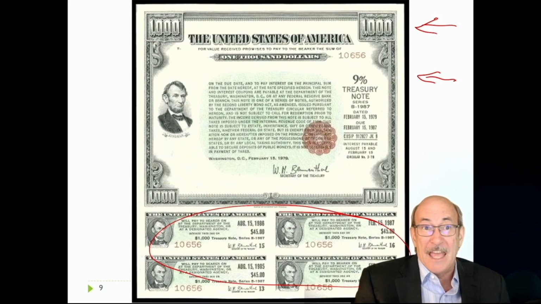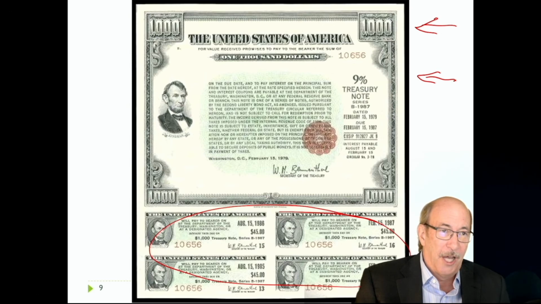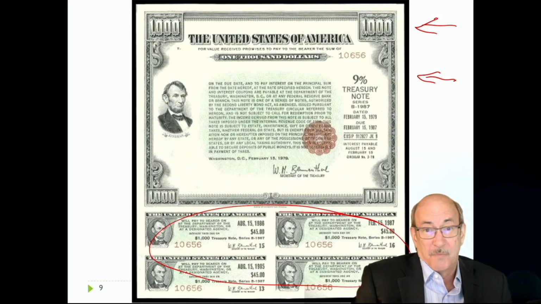Now, there are advantages to that in the sense that you don't have to hassle with sending in a coupon. And the other advantage, and probably the primary reason that we have done away with bearer bonds, is that the IRS happens to also know exactly what kind of money you're getting. So you'll get a 1099 on that, and you'll have to pay tax on the earnings.